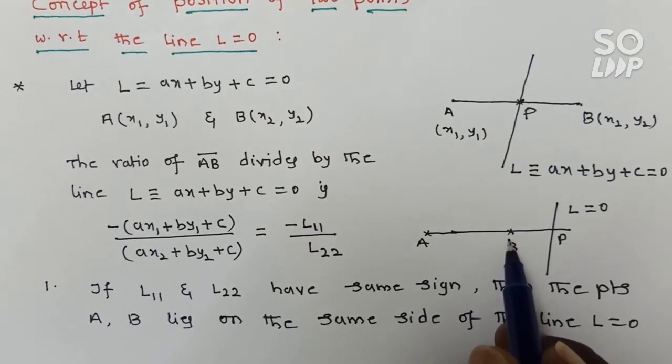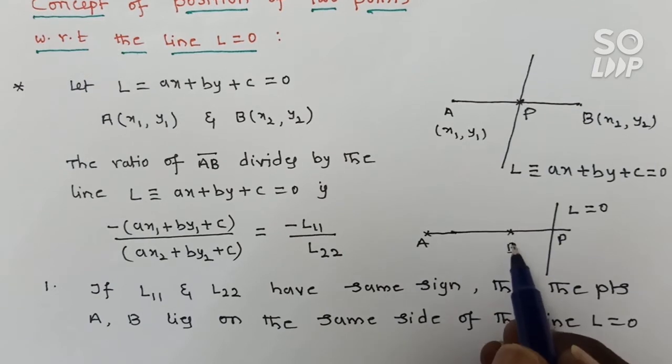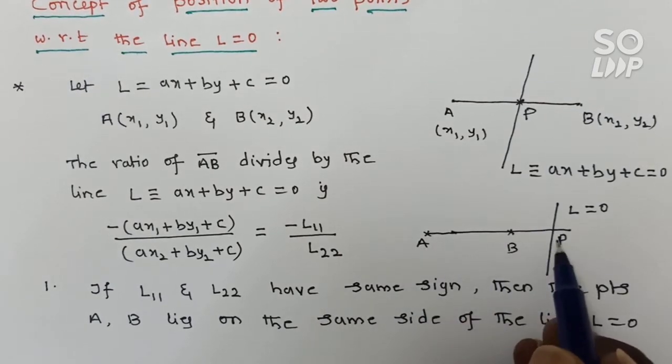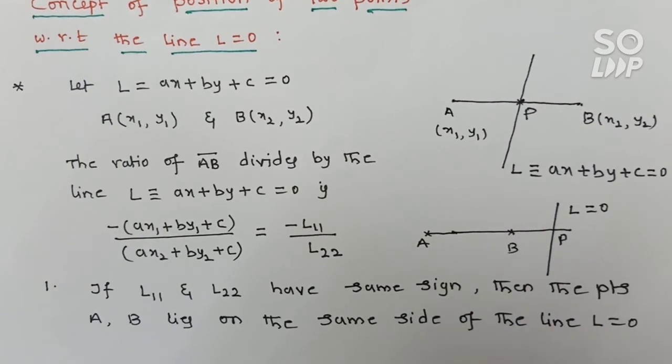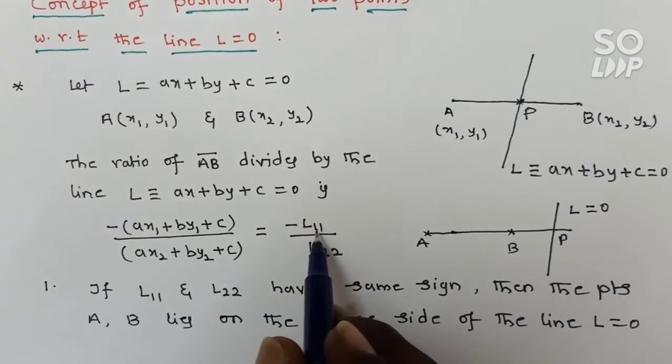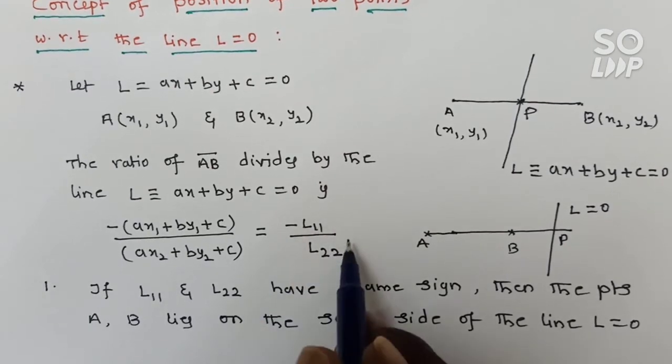Same side means, now clearly the figure 2 represents that. When will you get the points on the same side? If the line divides AB externally. So if L11 and L22 have the same sign, obviously the ratio will be negative.